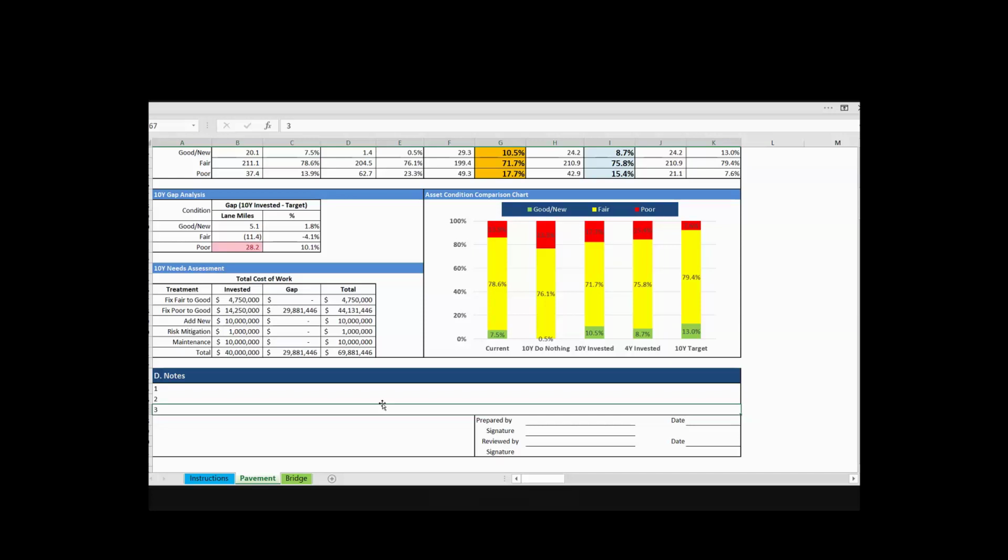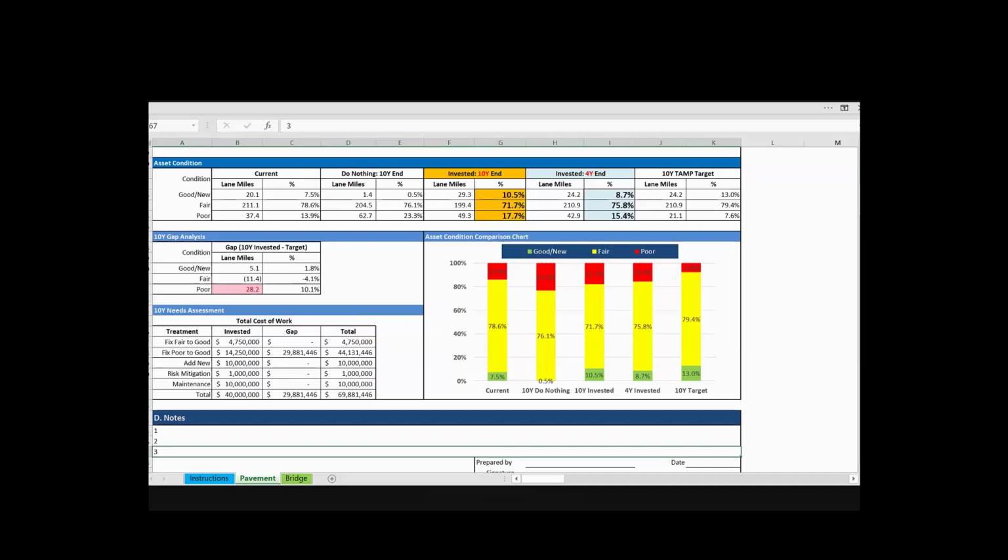But in general, what we've tried to do for you here is take these building blocks that Dawn was talking about and put them into an analysis framework.